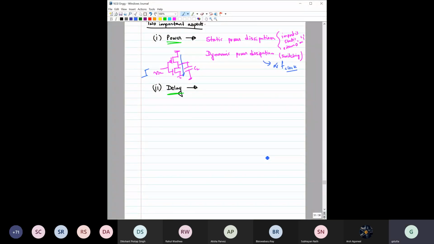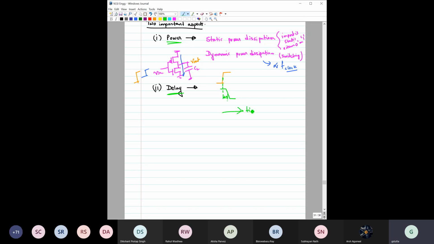So delay, you have understood that if I give some input here, when you are getting the output at this output side, there will be some time gap between them. Suppose this is the input and this is the output; from here till here there is a gap in time.